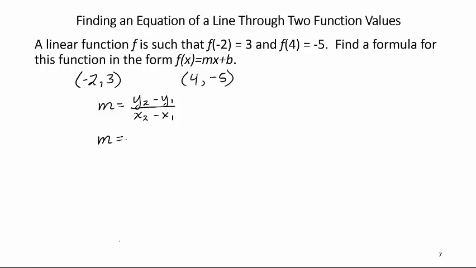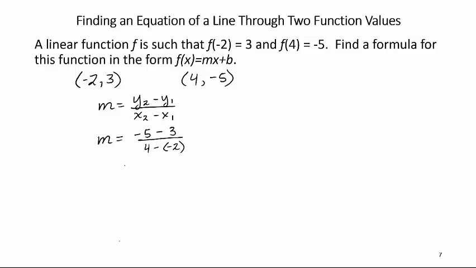So with the slope, let's take the second point, (4, negative 5), to be x2, y2. So we would have negative 5 minus 3 in the numerator, right? And in the denominator we would have 4 minus negative 2. Now keep in mind the negative signs there.